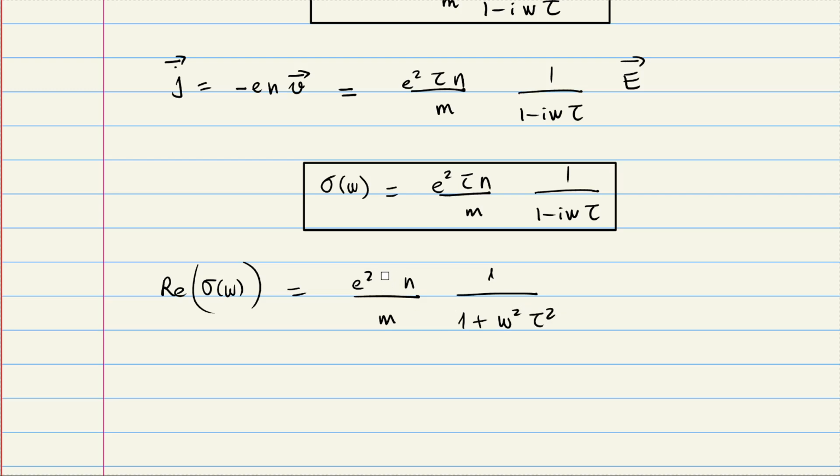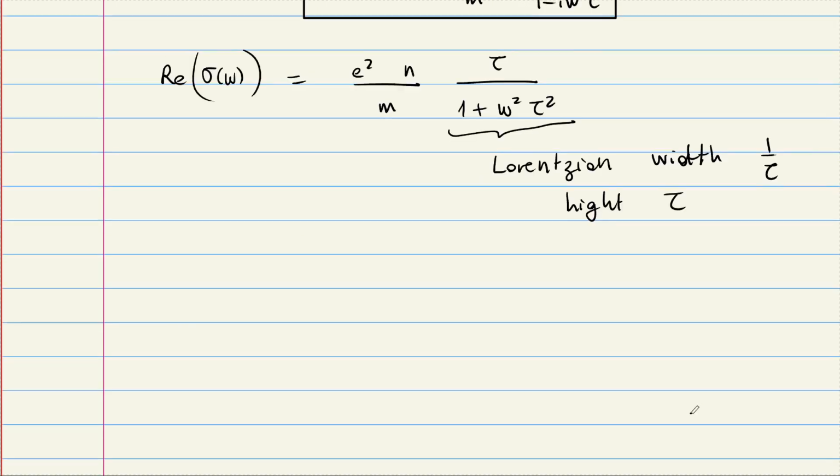You can see this object is exactly like a Lorentzian. The width is 1 over tau and the height is tau.